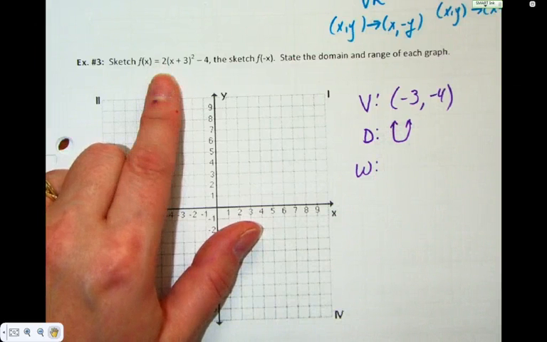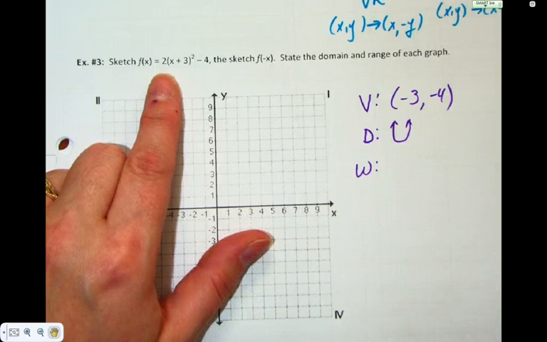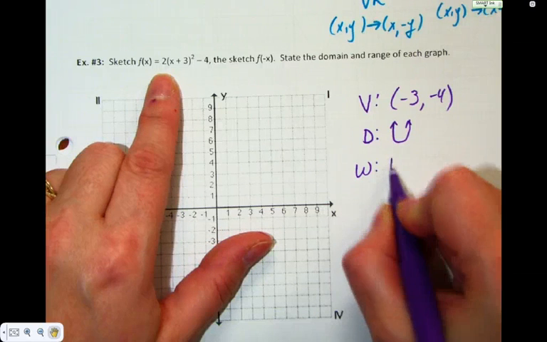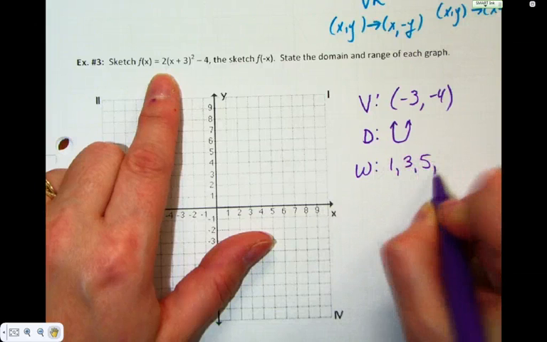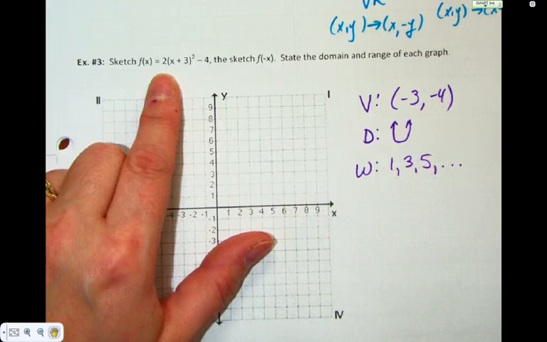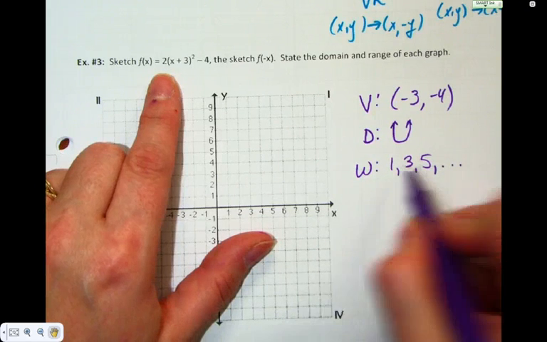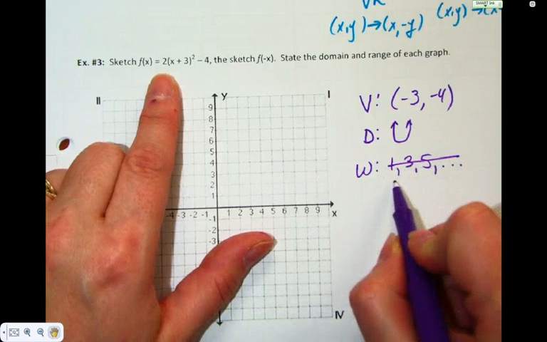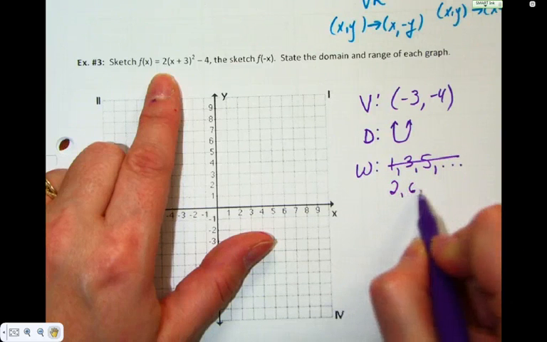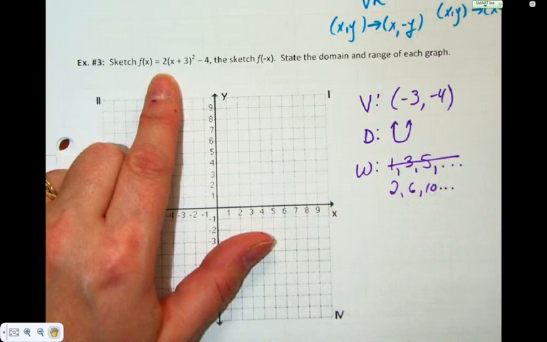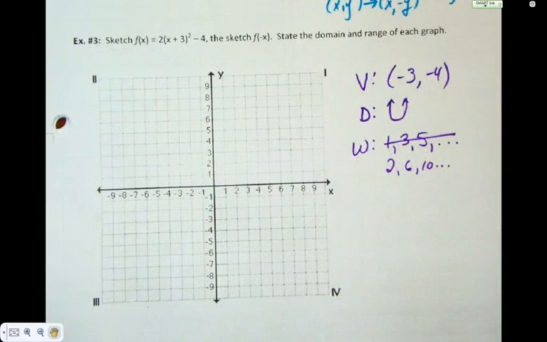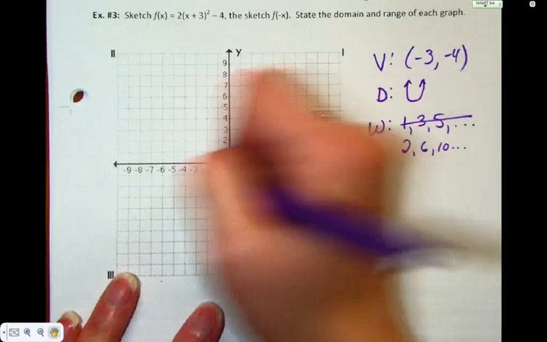What does the 2 do? So last year we talked about the standard width, which is 1, 3, 5, dot dot dot. And what do we do with the 2? Times 2, so that gives us a width of? Okay, so starting with the vertex, (−3, −4).